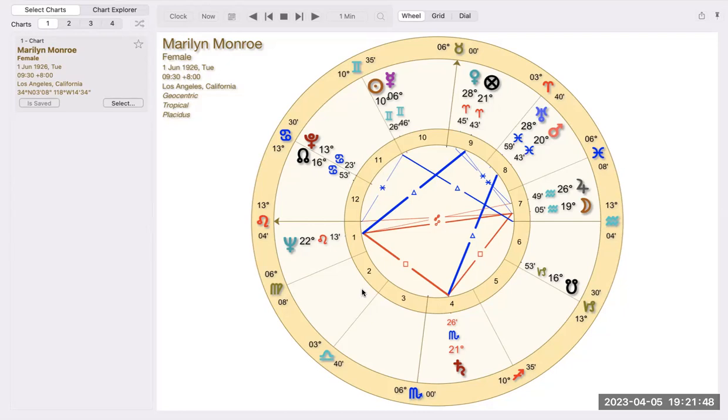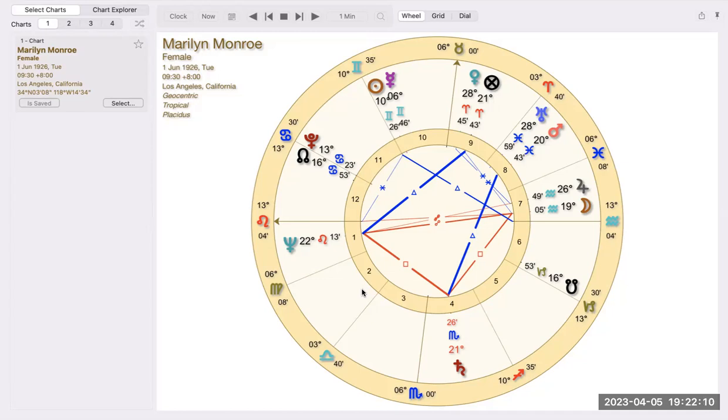Isn't that the house of the father? Yes, it's your roots, and the house of your father is house 4. So house 3 is your neighborhood, siblings, all of that. Is the third house also transport, the house of communication? Yes, communication.